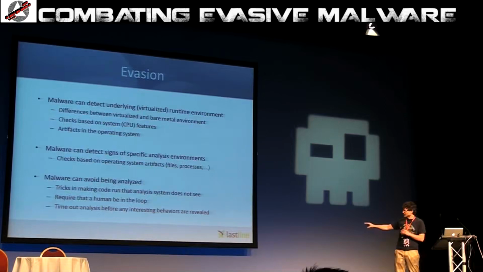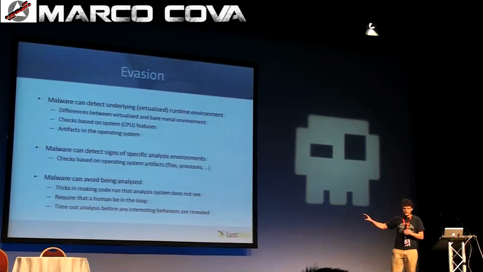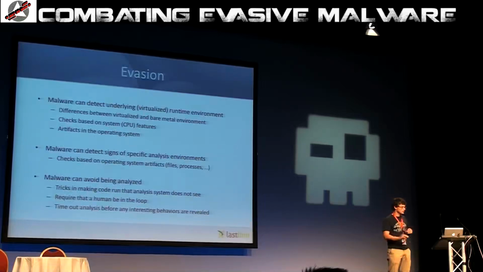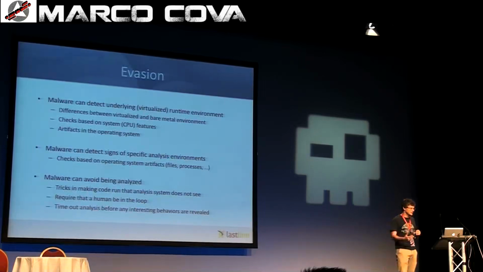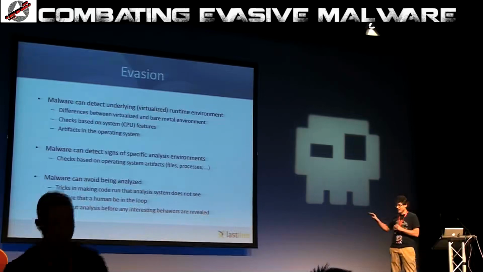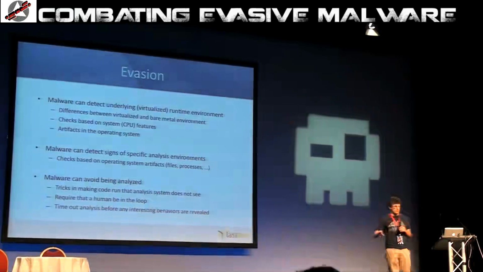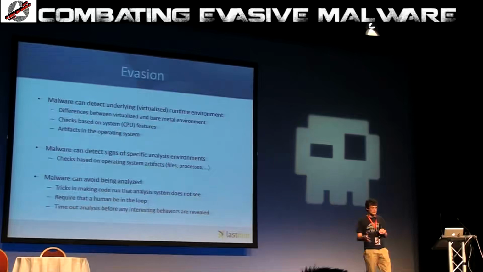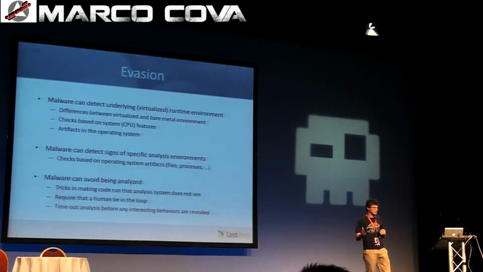Or something that it can do is leverage the fact that analysis systems typically spend just a few minutes on each sample, because remember, there are so many pieces of malware coming in every day that you cannot spend more than a few minutes to understand what they do. And so malware exploits this by not doing anything for a couple of minutes. After that time, an analysis system will shut down and say the sample is benign, it's not really doing anything interesting.